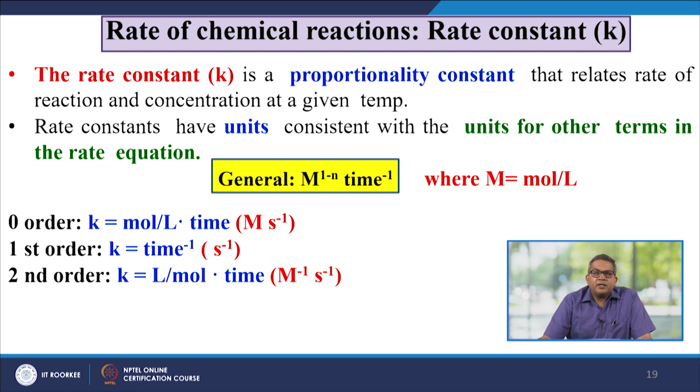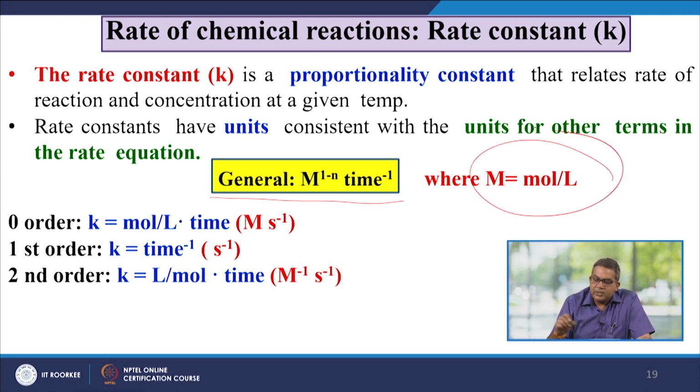The rate constant is the proportionality constant that relates the rate of reaction and concentration at a given temperature. So the rate constant has a unit consistent with the unit of other terms in the rate equation, and generally it is M to the power n minus 1 and time inverse, where M is represented with respect to mole per liter.